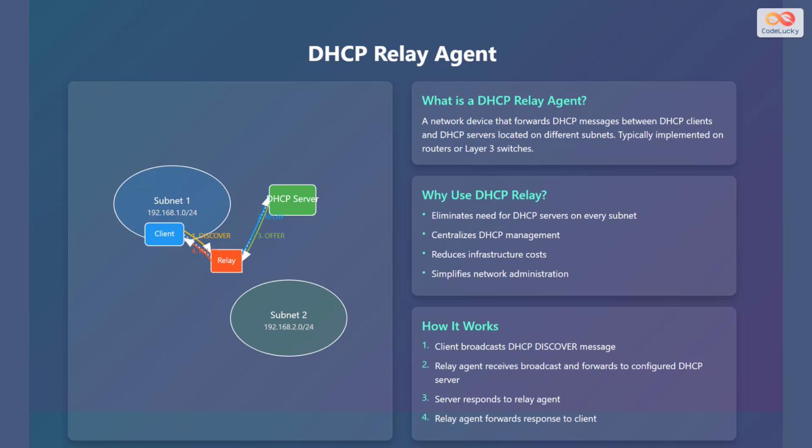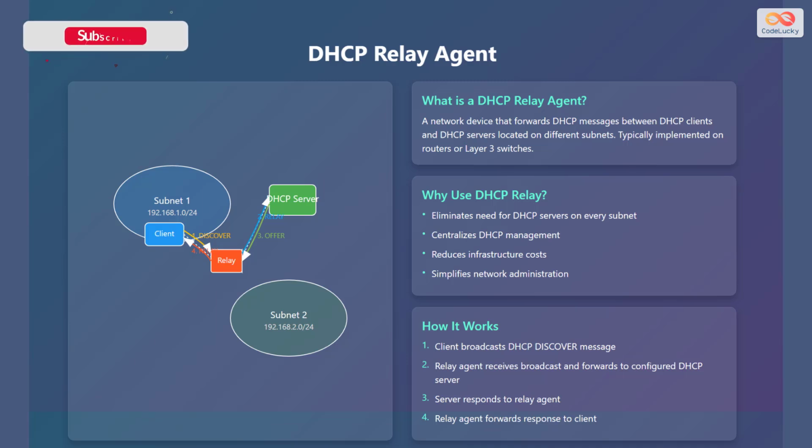Now let's discuss the DHCP Relay Agent. A DHCP Relay Agent is a network device that forwards DHCP messages between DHCP clients and DHCP servers located on different subnets. It is typically implemented on routers or Layer 3 switches. Why use a DHCP Relay Agent?